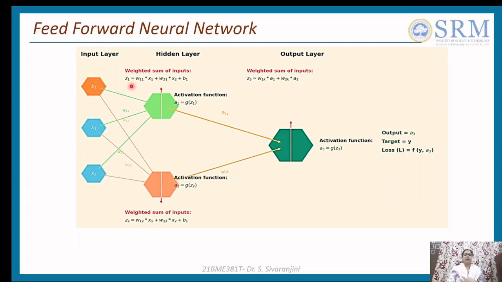We have Z1, the intermediate output in a hidden layer, where the weight of each and every input is taken into account and summed with the weighted second input, and we have a bias term B1.